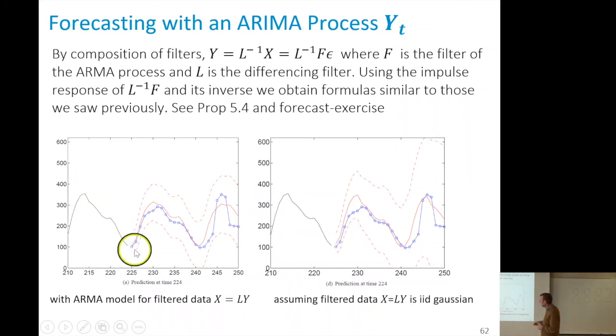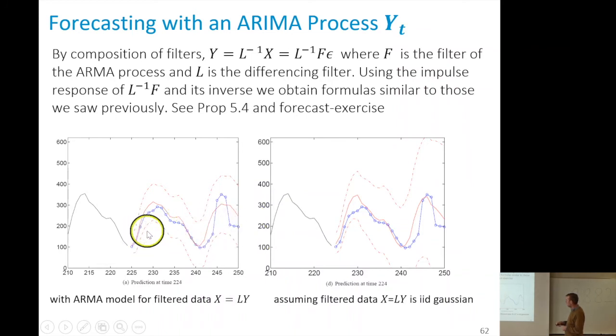Here, the prediction is done assuming all the values up to time 224. So the deviation of the last values from their nominal or theoretical values is translated by the autocorrelation into some better prediction here. Of course, the longer we go into the future, the less this improvement shows up.